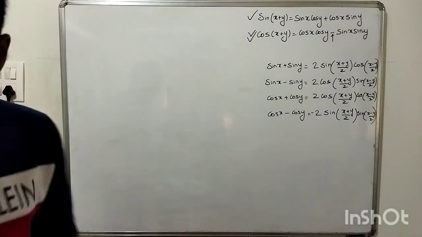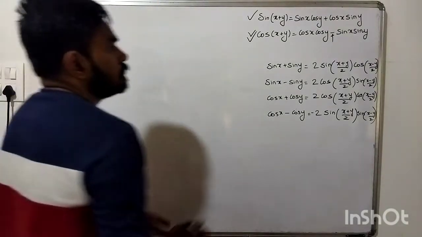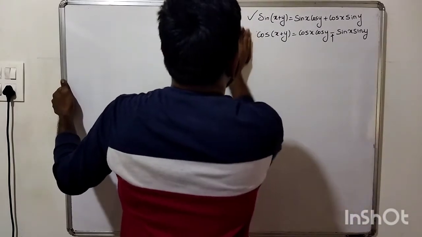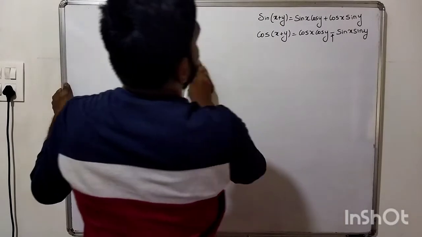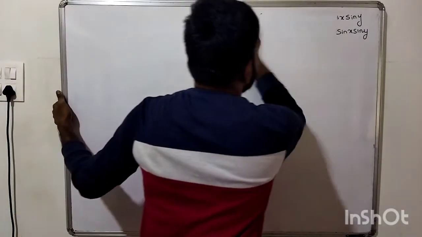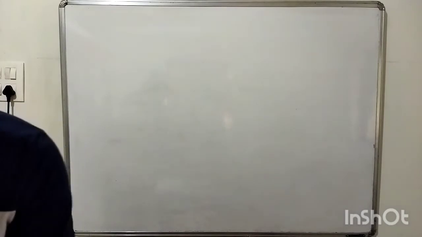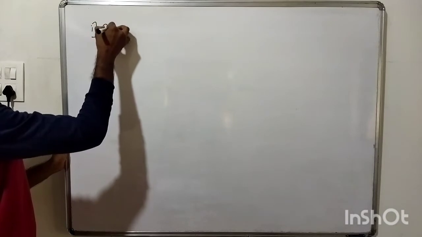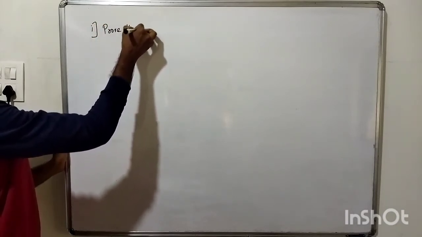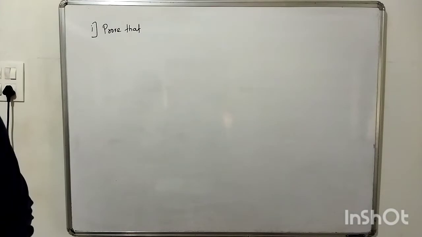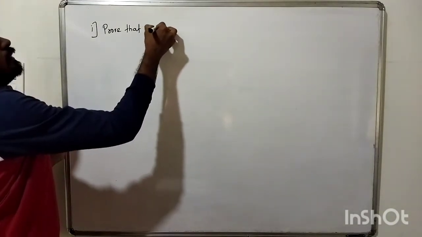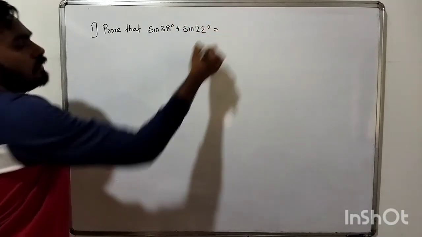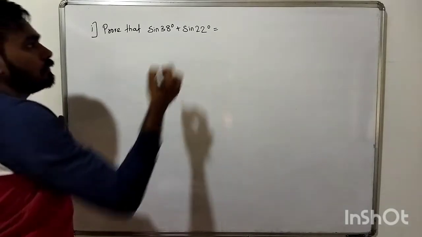Even if we remember this, we can remember the factorization formula. So the first problem, a simple problem: prove that sin 38 plus sin 22 is equal to sin 82.